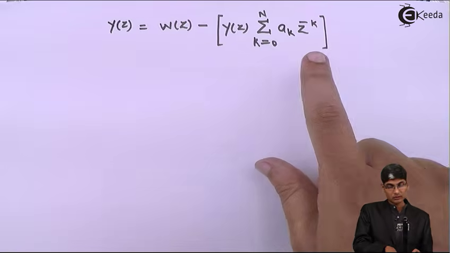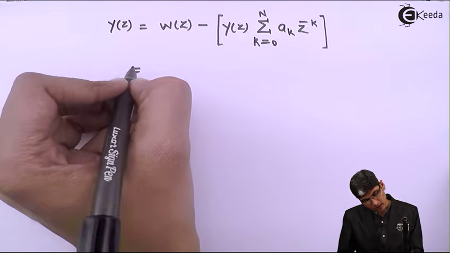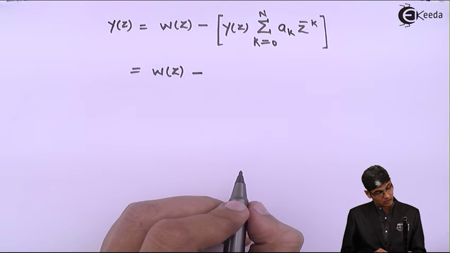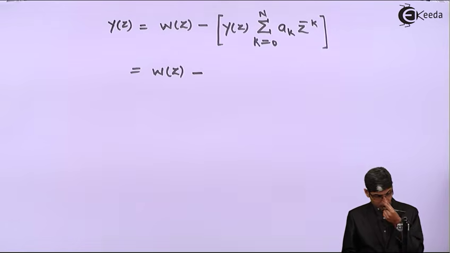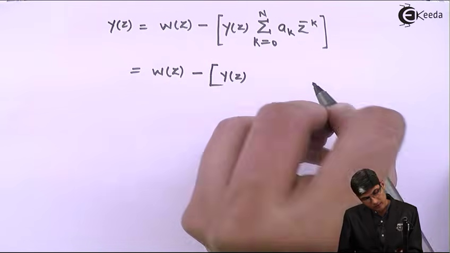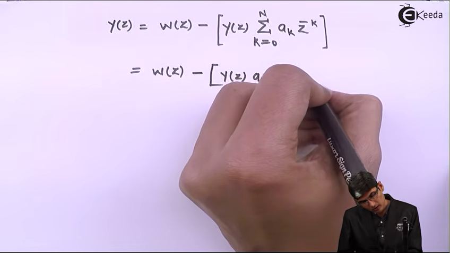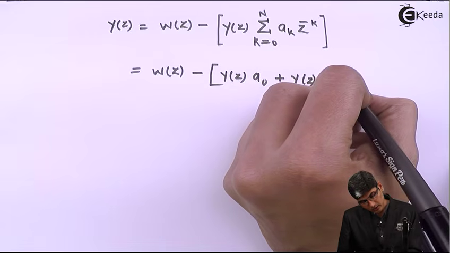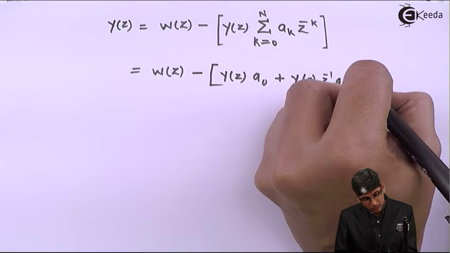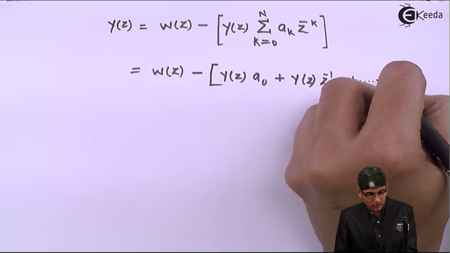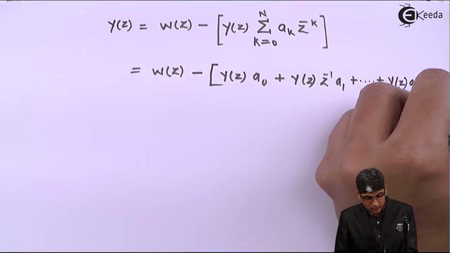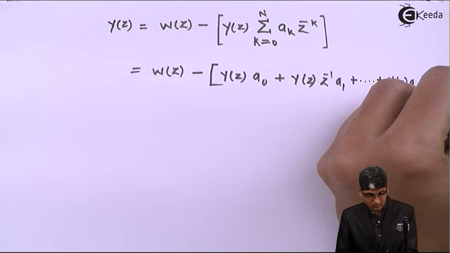Now, if you open this bracket, multiplying y of z inside will give me w of z minus, this will be y of z into a0 plus y of z into z raised to minus 1 a1, right, plus dot dot dot plus y of z into an z raised to minus n, correct.